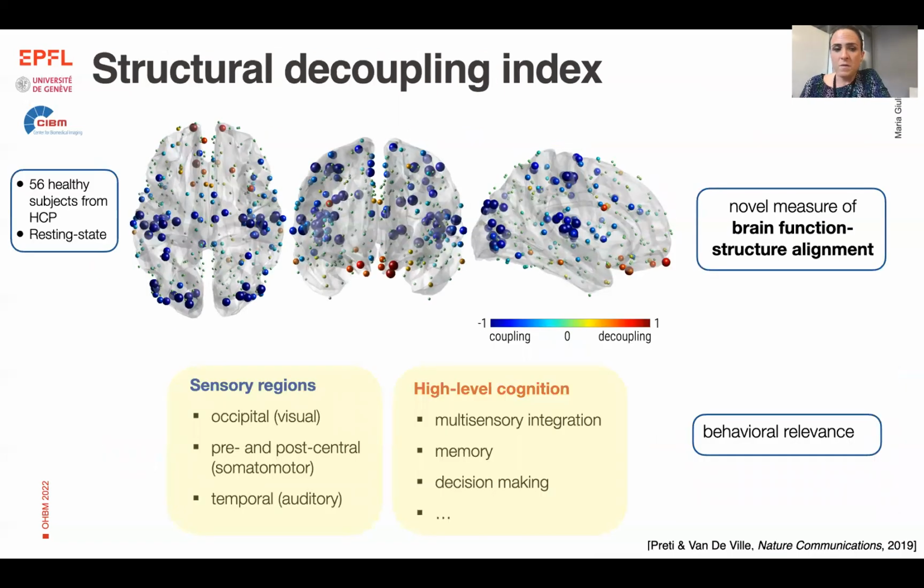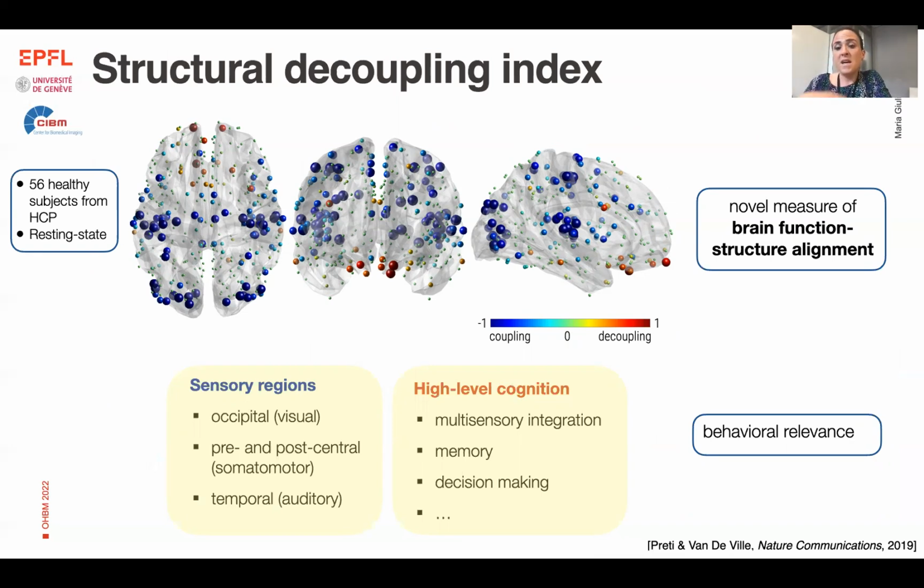Then let's have a look at the results. What we found in previous work is that the structural decoupling index is not constant across the brain, but it has a meaningful spatial pattern going from more decoupled regions in the high level cognition regions to more coupled ones in the sensory regions, that you can see here in blue.